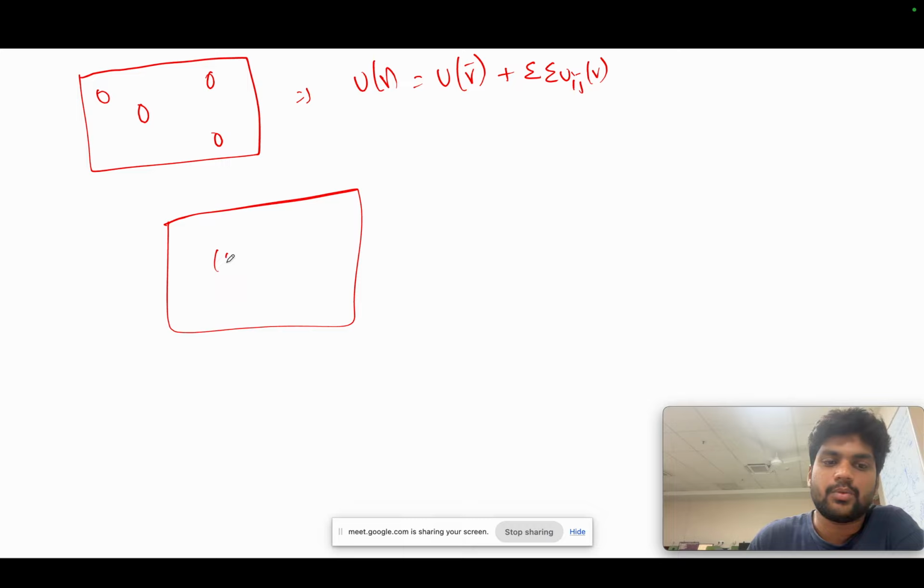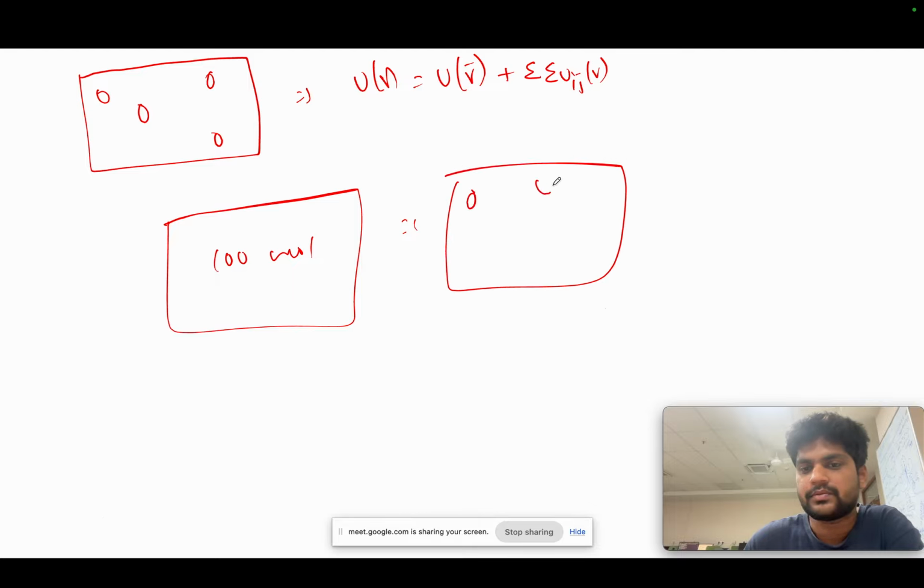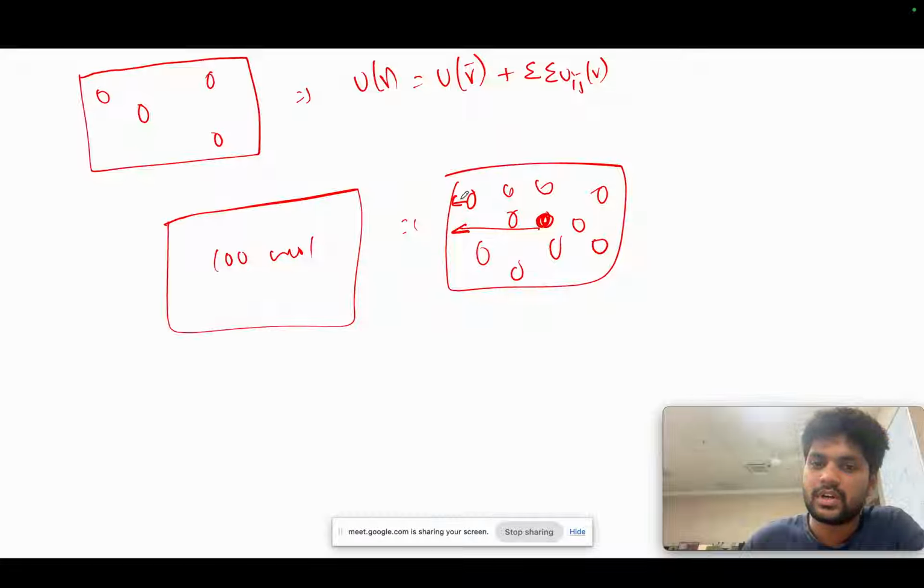Say I have taken 100 molecules which are randomly placed. If you consider this particular molecule, it will never reach the wall, but this molecule can go and reach the wall, right? Is it true? This molecule can easily reach the wall.